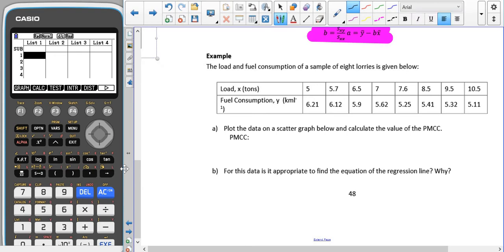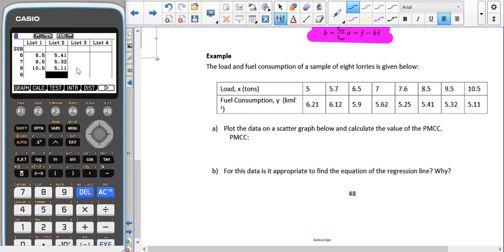So 5, 5.7, 6.5, 7, 7.6, 8.5, 9.5, 10.5, and then 6.21, 6.12, 5.9, 5.62, 5.25, 5.41, 5.32, and then 5.11.